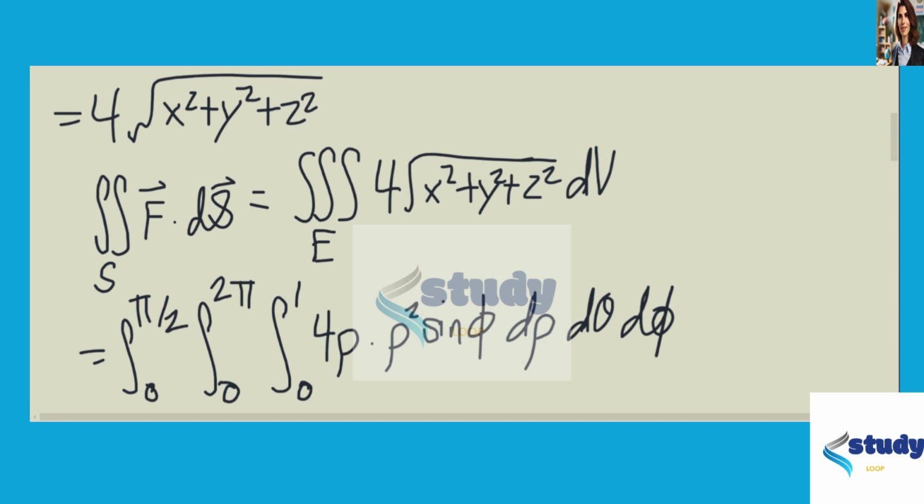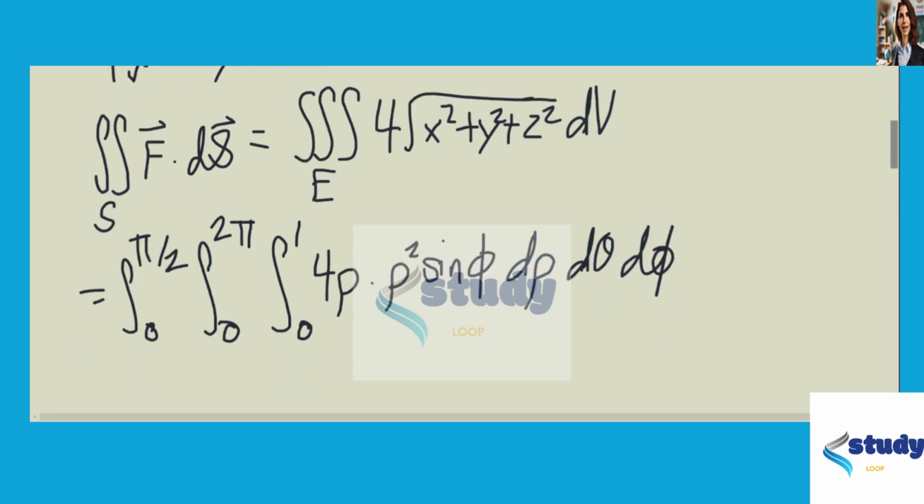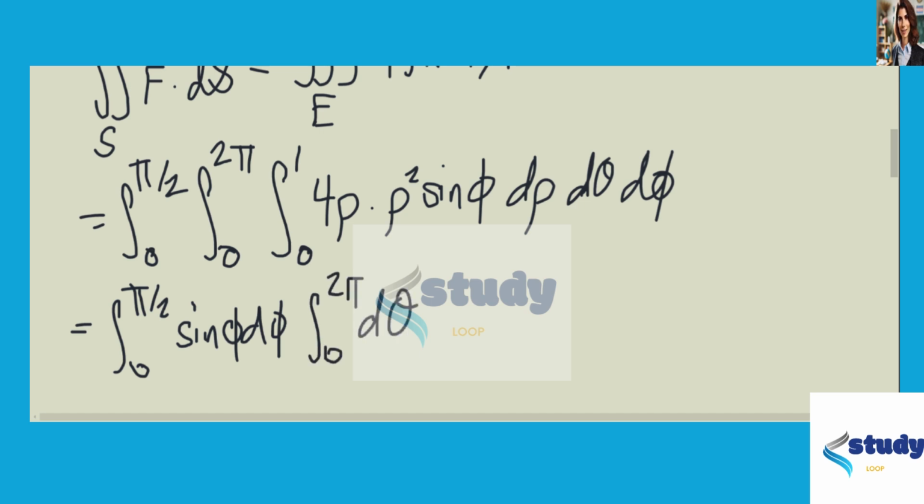And using Fubini's theorem, we can write this as a product of integrals. So we get the integral from 0 to pi over 2 of sine phi d phi times the integral from 0 to 2 pi d theta times the integral from 0 to 1 of 4 rho cubed d rho.